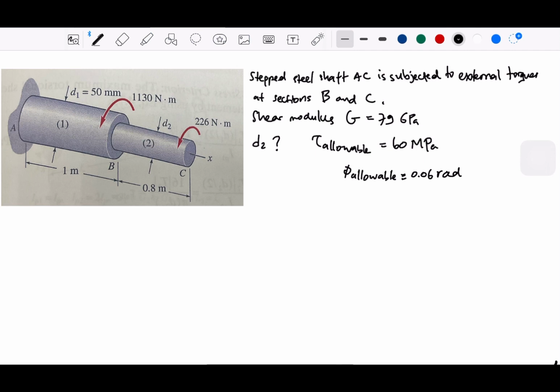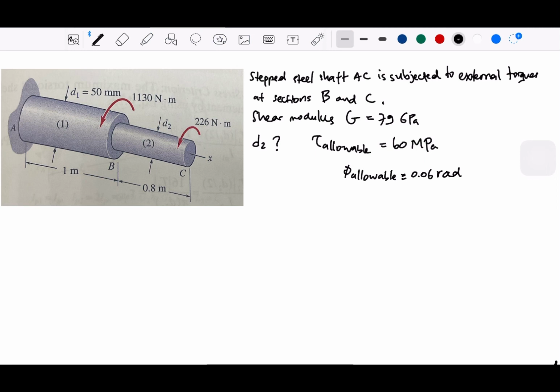I think they are the same material. They have the same modulus, G, of 79 GPa. They have torque at B and torque at C, which are 1,130 Newton meters and 226 Newton meters. They have diameters D1 and D2, and the question is asking for these diameters.